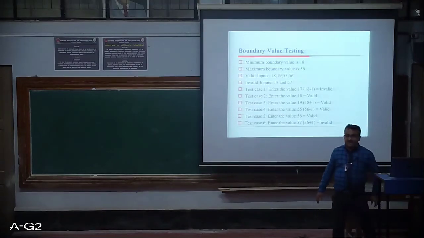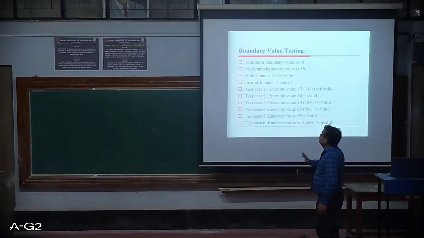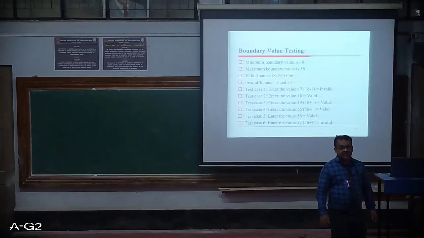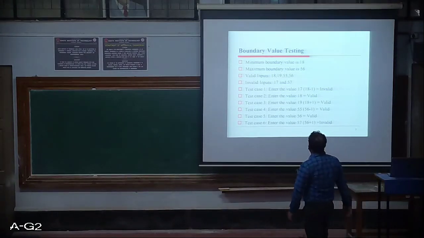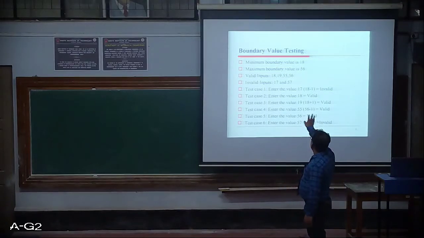So when we generate test cases, we'll consider this kind of test generation. The minimum boundary value is 18, and the maximum boundary is 56. I have shown the valid inputs and the invalid values in the previous diagram.